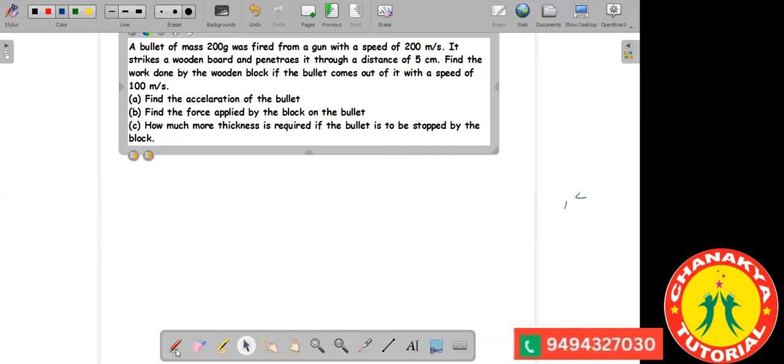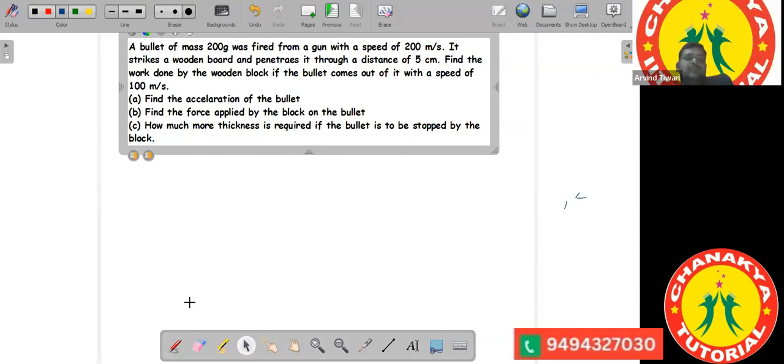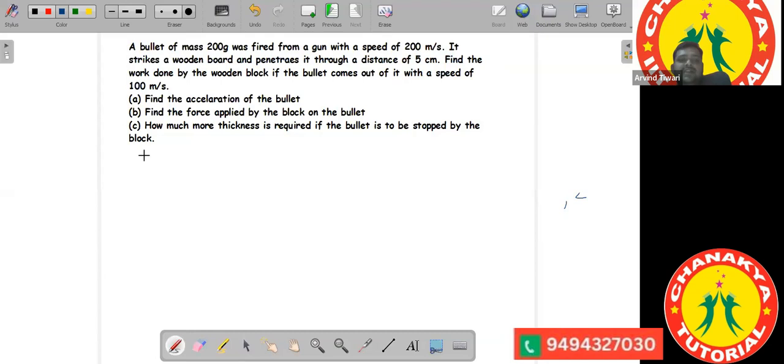Sir, I got minus 3000 joules. Minus 3000 joules. Okay, let me check then. Your work done should be equal to 1 by 2 mv squared minus 1 by 2 mu squared. You can take 1 by 2 m common and put v squared minus u squared.